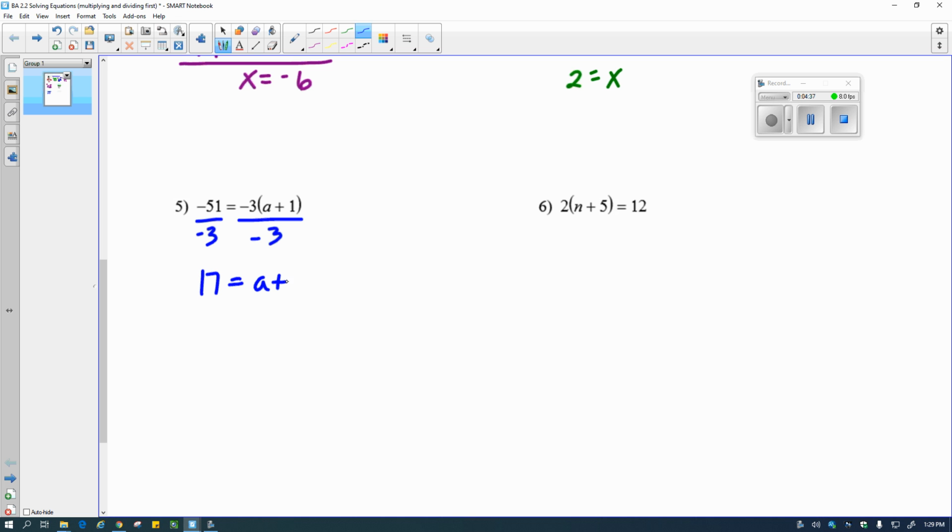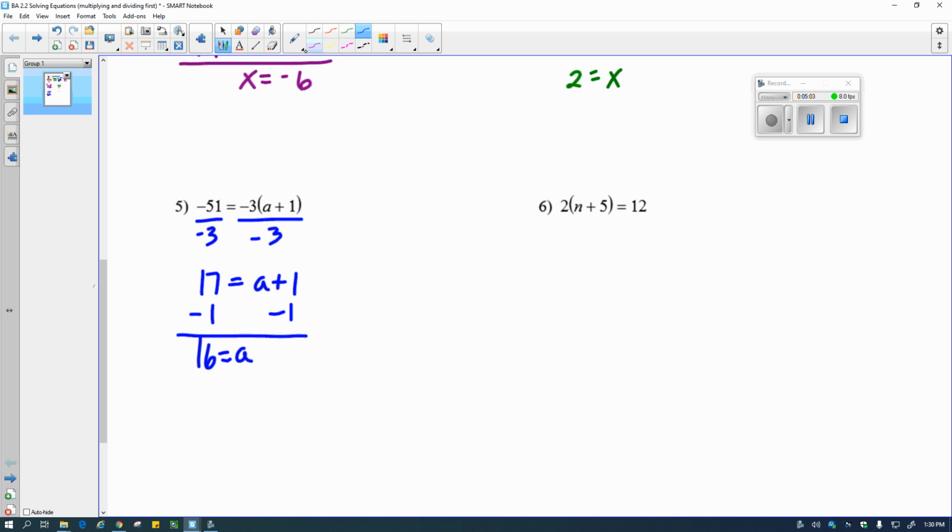And that leaves me with just the a plus 1, minus 1, and 16 equals a. So in this particular problem, I did the opposite of what I did in problem number 4. Normally I undo the addition or subtraction first, but because that's locked in the parentheses, I can't.